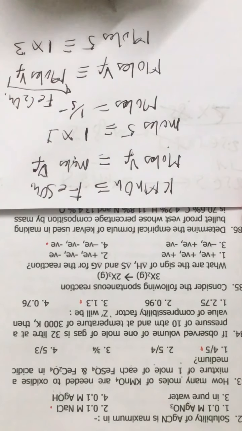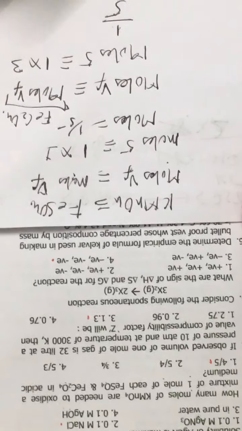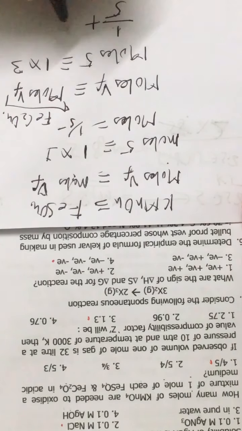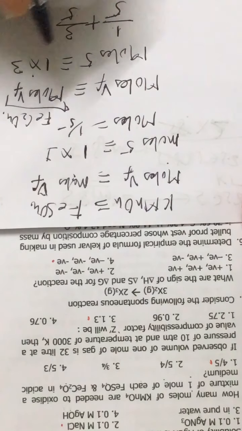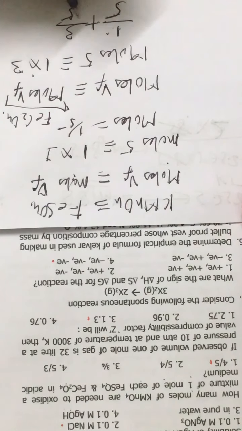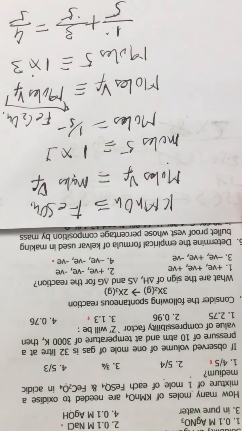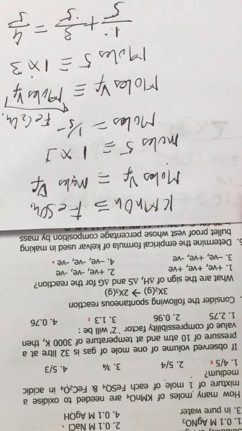So it is 3 by 5. So now we have 1 by 5 for ferrous sulfate plus 3 by 5 for ferrous oxalate. So it is 1 by 5 plus 3 by 5 is 4 by 5. Correct answer is first option.